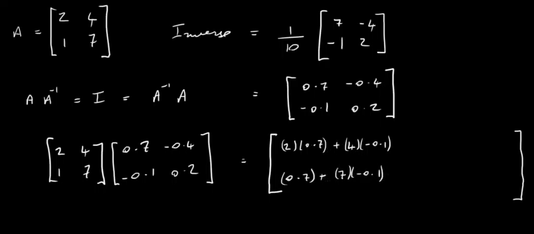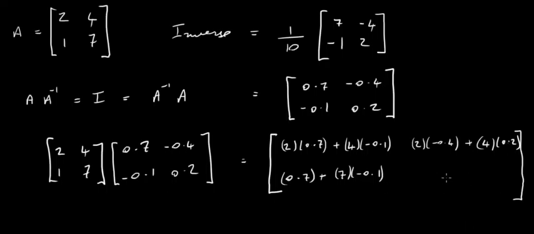Okay, so that's the first two. That's the first column down of my matrix. So now let's do this one up here. That's going to be 2 times minus 0.4, plus 4 times 0.2.